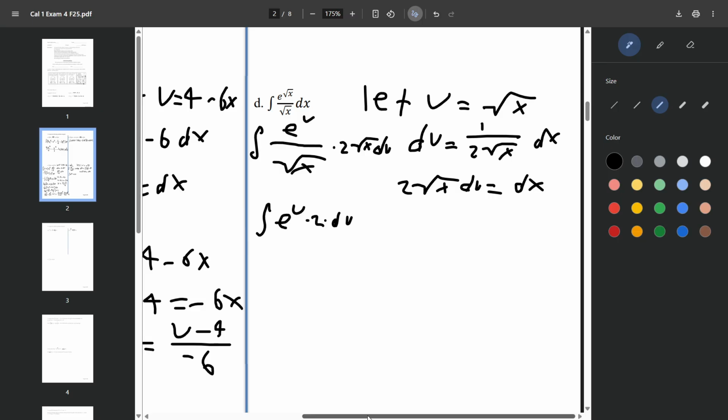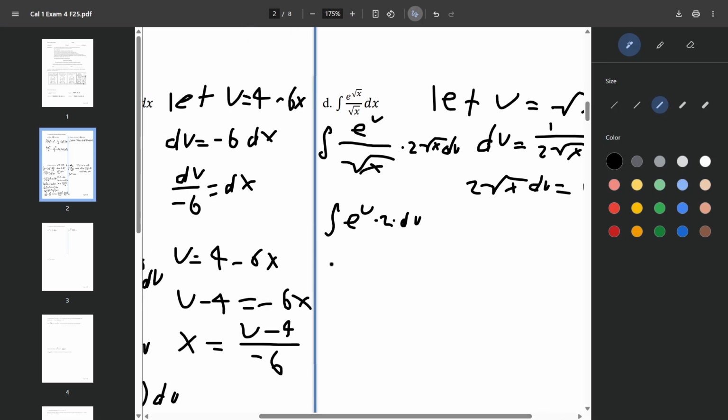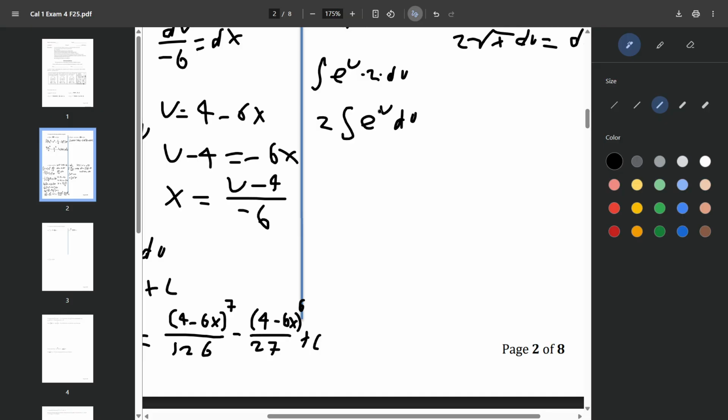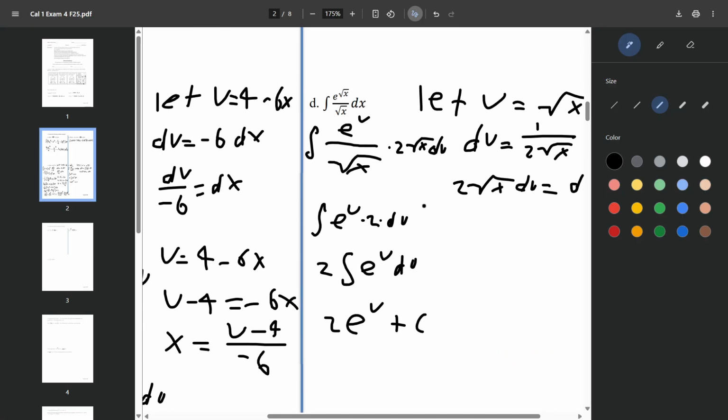And so the 2 can be taken out, and so we then have 2 integral of e to the u du. So now we take our integral, and e to the u is e to the u, because that's how e to the x works, and u is our variable in this case. So we're going to have 2 e to the u plus c.